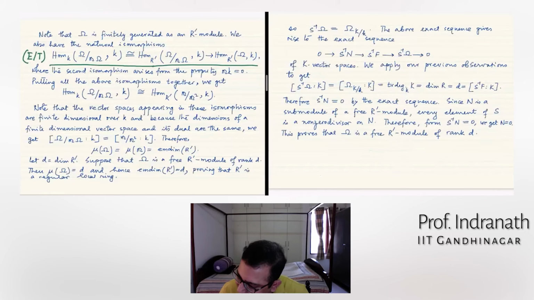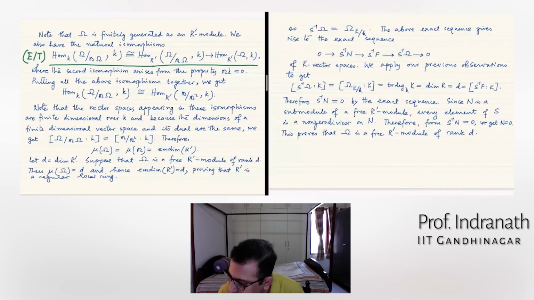And the above exact sequence changes to this of K vector spaces, and we apply the previous observation that S inverse omega over K is equal to this, and that is equal to the trans. I told you, right? I'm just going to use a few facts because otherwise this whole thing would take a lot of time.